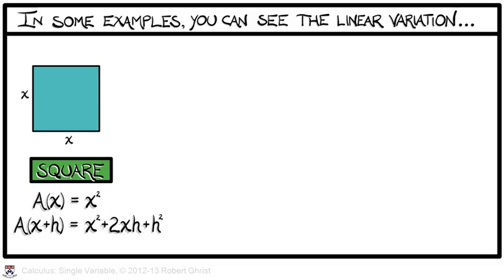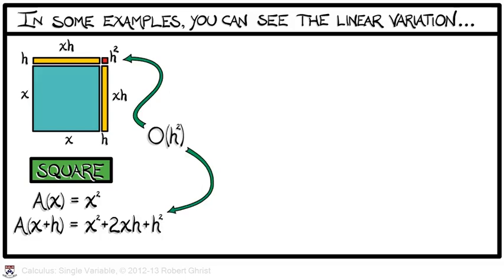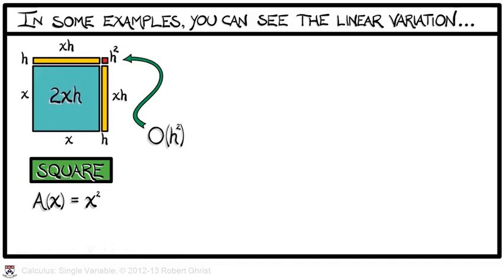We can see those terms by increasing the side length a little bit and decomposing the extra area into a pair of rectangles with area x times h and a small square whose area is h squared.